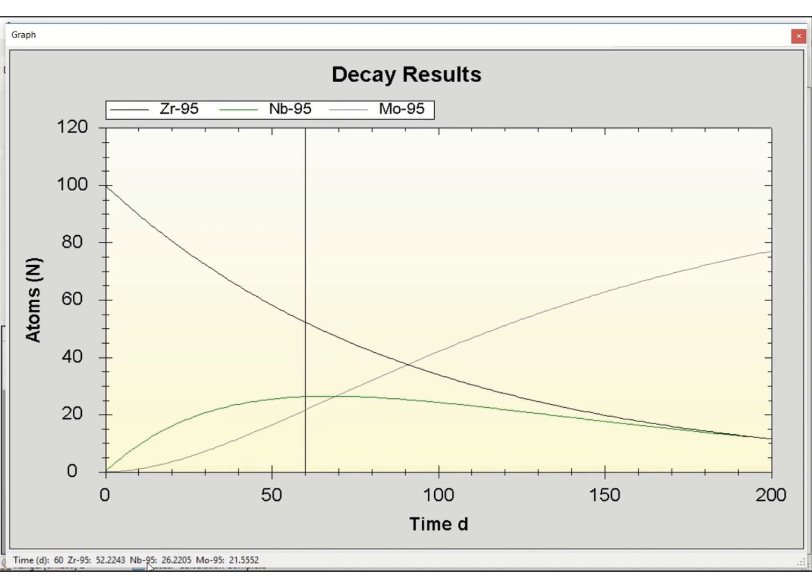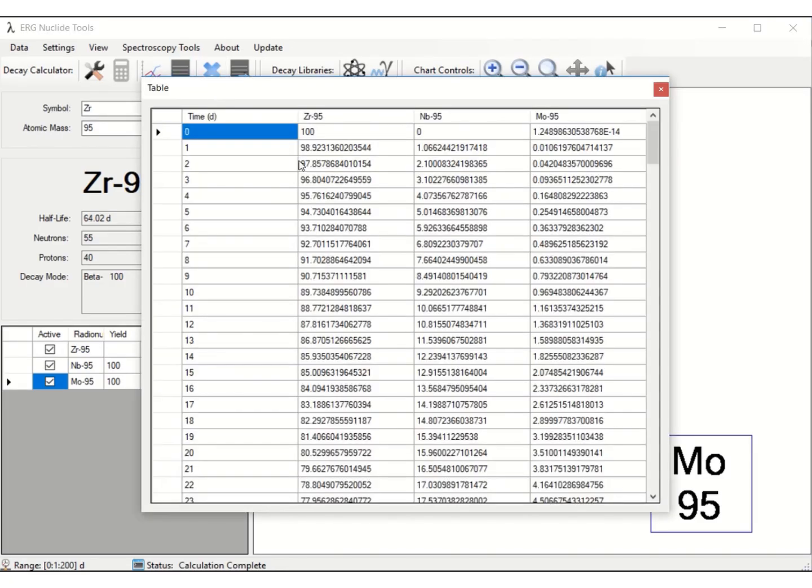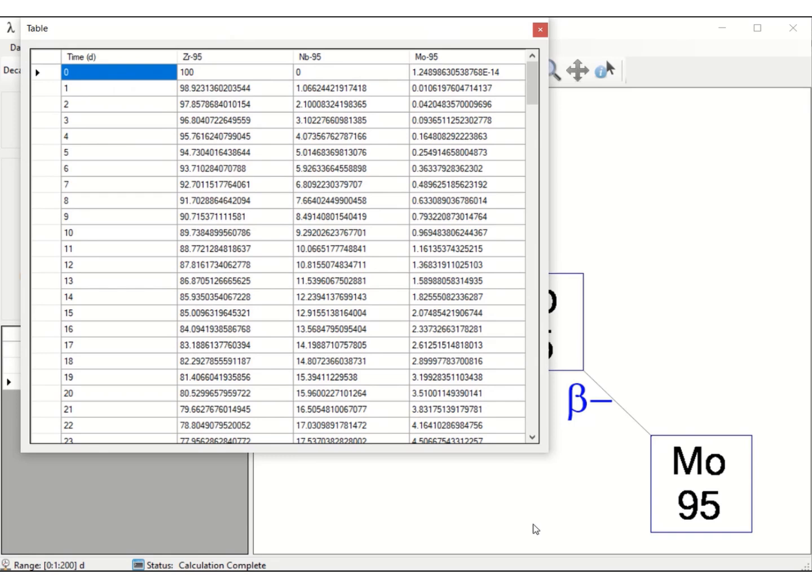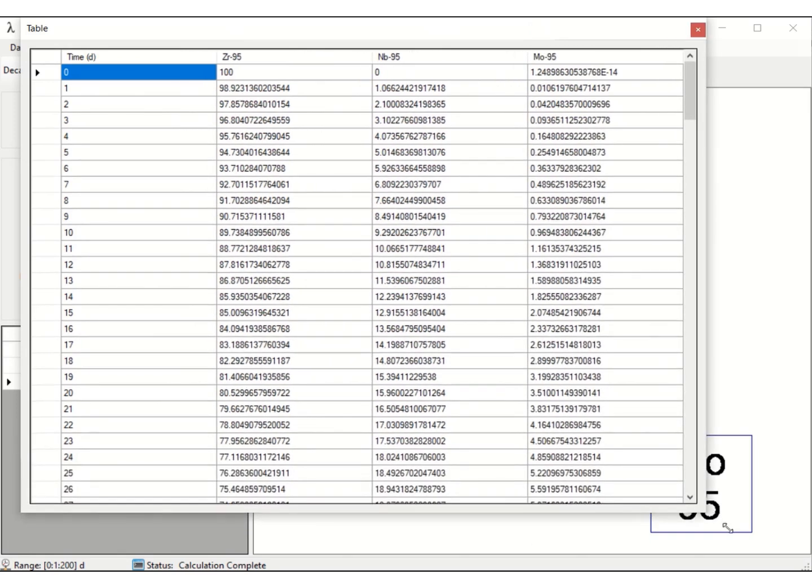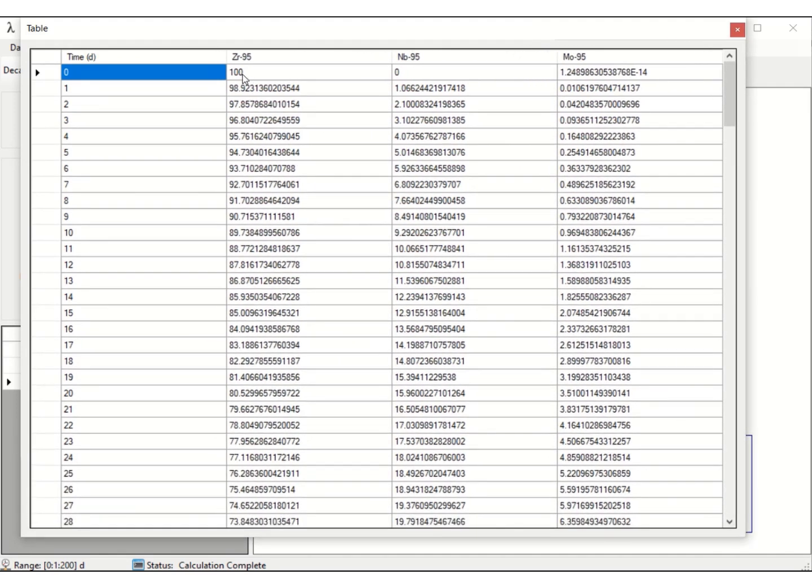I can see that the niobium, I can see where it kind of reaches a maximum, then where it starts going down, and I can quantify that. Just like the other program, I can evaluate the data. So here's an example of the amount of atoms as a function of time.